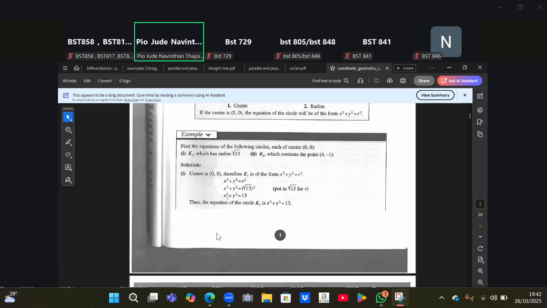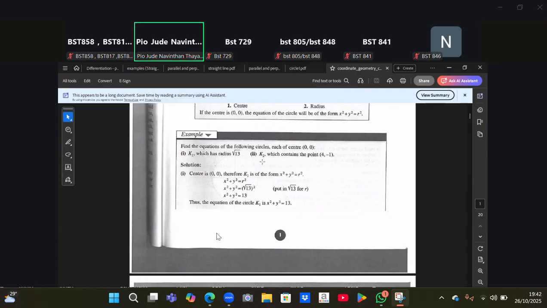So how do you write it? x square plus y square is r square, this is the general format. The radius is root of 13, so r square is 13. x square plus y square is equal to 13.